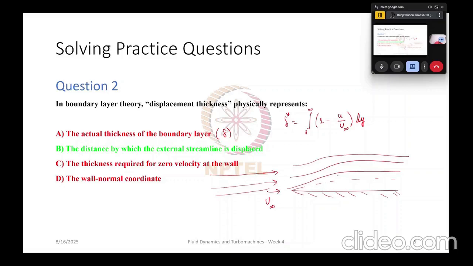Now, if I can forget about this much thickness of the boundary layer, then this particular streamline got shifted over here.